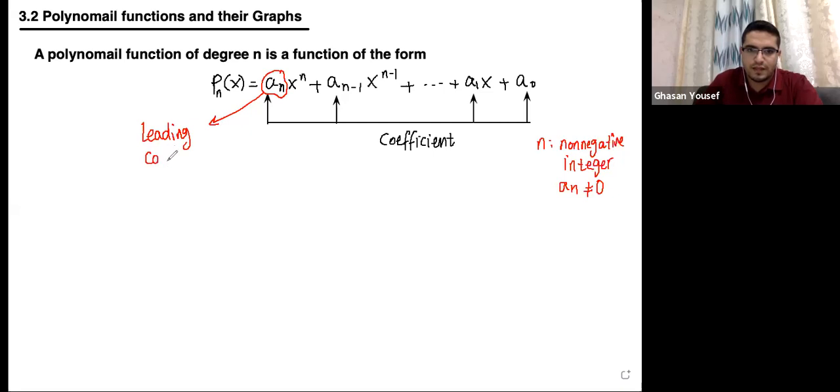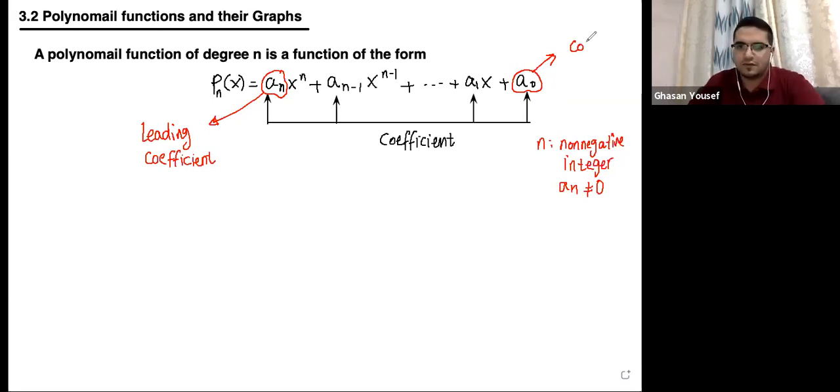I define this because we're going to use this definition during this class. I need you to understand that when I say leading coefficient, I mean the a n, the coefficient of x to the power n.